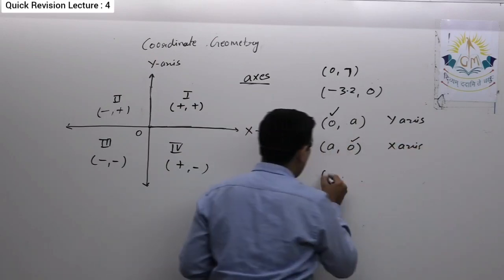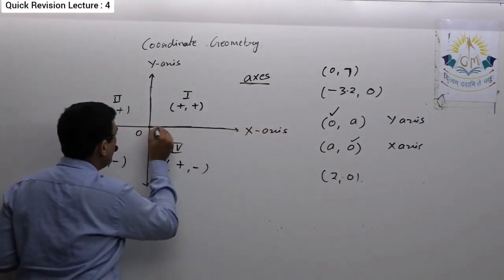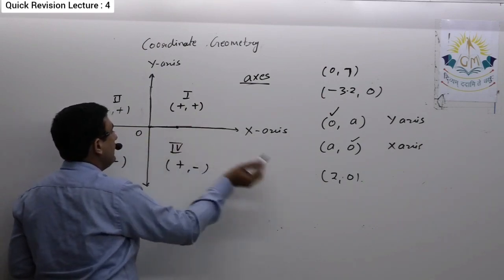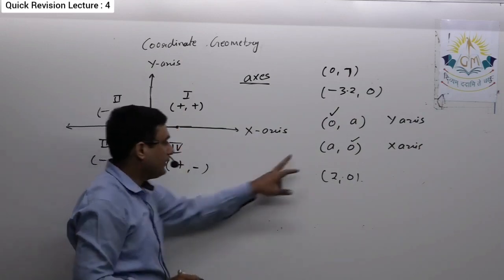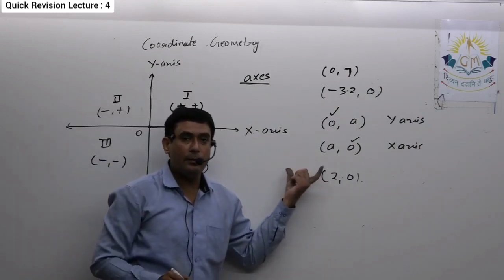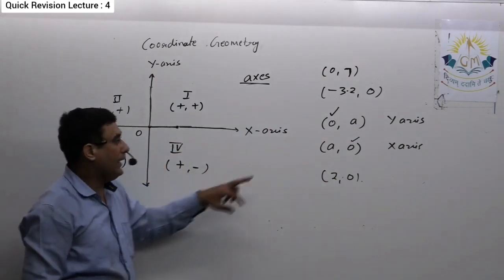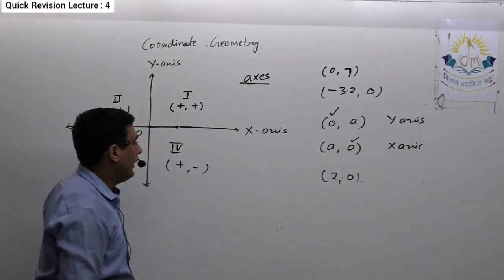You can see, suppose I say 2, 0, where will we mark it? 2 in this way and 0. That means first we move towards the right and there is 0, so we can't move upwards. So the point will lie on the x axis. So any real number, 0 is on the x axis, and 0, any real number, then the point will be on the y axis.